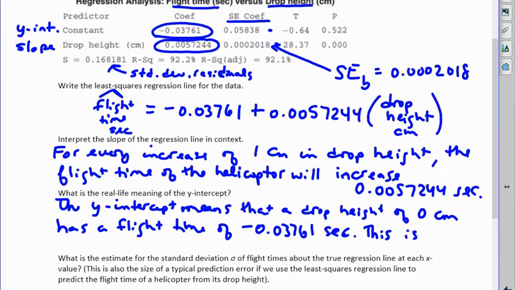This is a meaningless number because it's extrapolation.